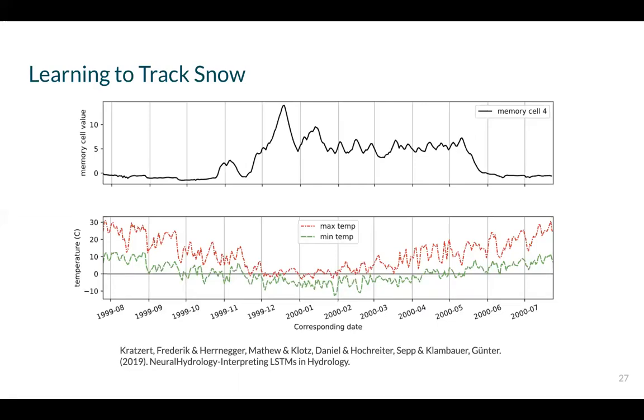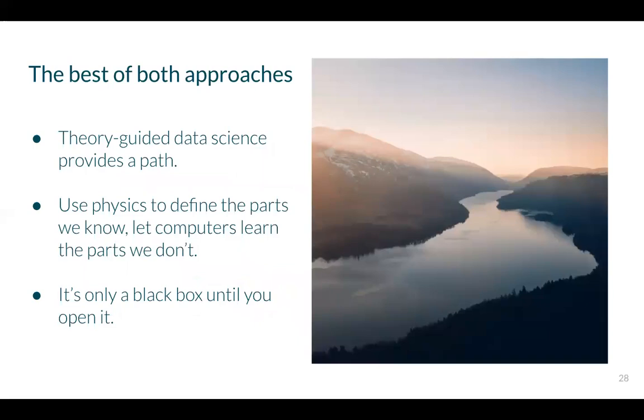So, can we really have the best of both approaches? By no means have we figured out all of the possibilities and ways that we can do this in the hydrologic sciences, but I believe that theory-guided data science provides us a path to joining physical science from the hydrology world and physical modeling with the best that statistical and machine learning has to offer, in order to give us reliable streamflow forecasts.